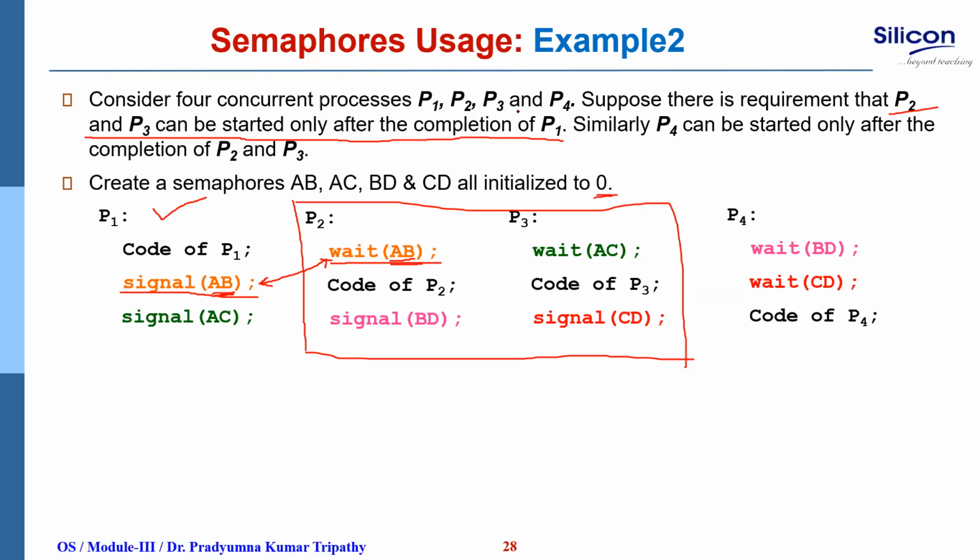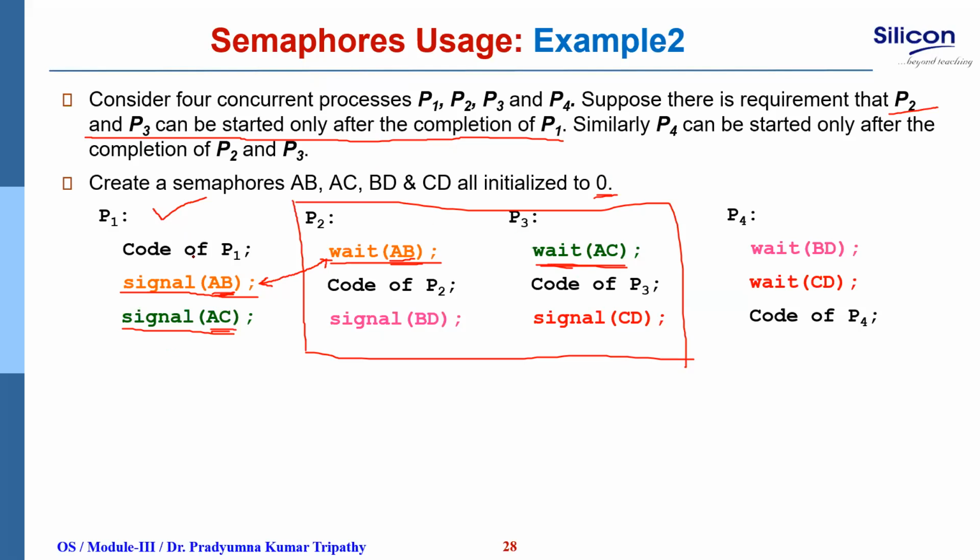In exactly the same way, if I want P3 to be executed after P1, P1 should execute first. So I take another semaphore AC, assuming this is A and this is C. A signal AC here, and here I give wait AC. AC is initialized to 0, so as long as it is 0, it just waits over here.